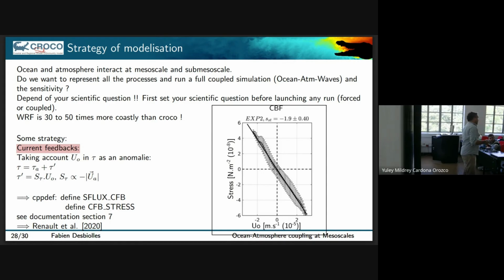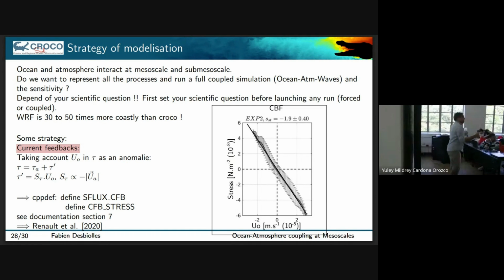Exactly. So this is the case of a forced ocean model. If you are coupling, if you have a full couple, WRF, CROCO, WaveWatch, whatever, you don't need that parameterization. This is the parameterization for a forced case.